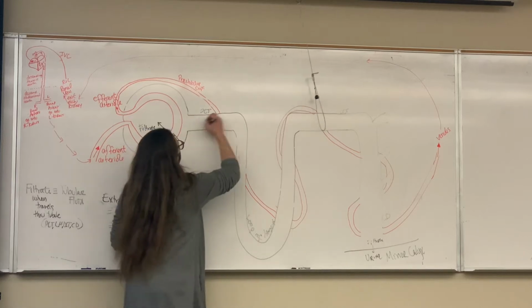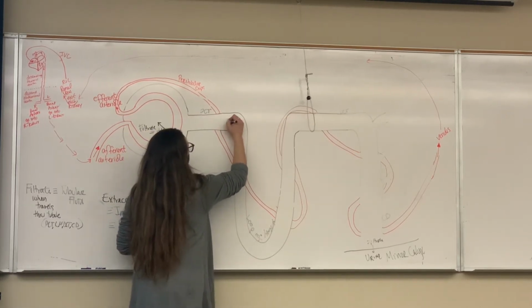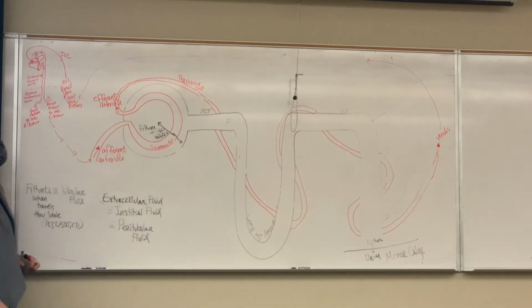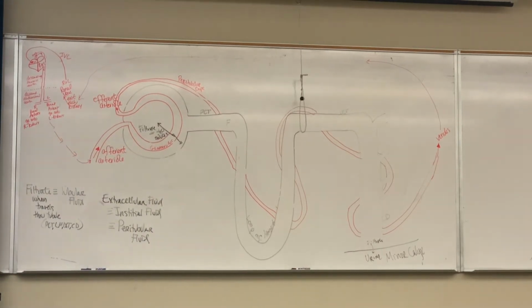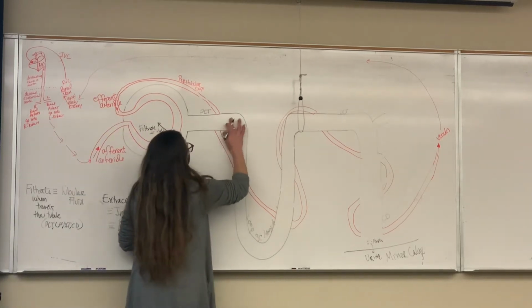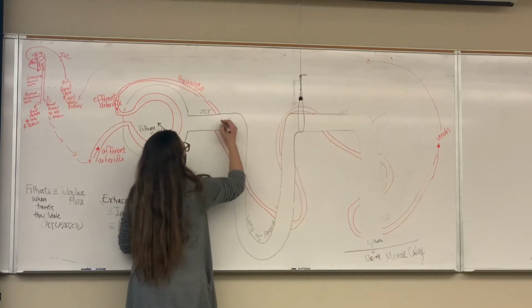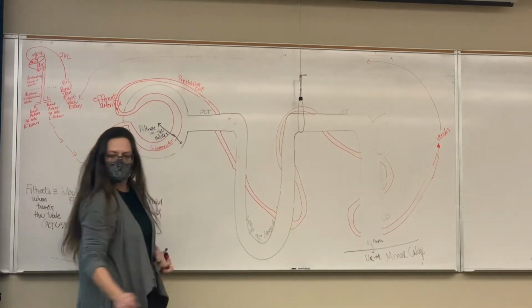Let's say that we're looking at the filtrate here at the PCT. Okay, so I'm just going to put F for filtrate. Let's say we're looking at glucose. So I'm gonna put some glucose in here. I'm gonna put some sodium in here.